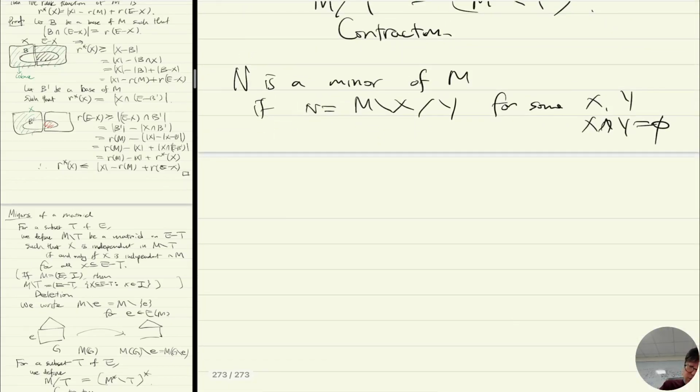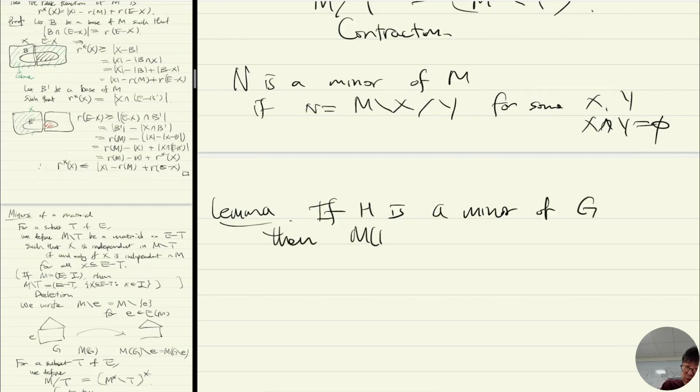Now it's easy to see that if H is a minor of G, then the cycle matroid of H is a minor of the cycle matroid of G. So many theorems on graph minors could be extended to theorems on matroid minors.